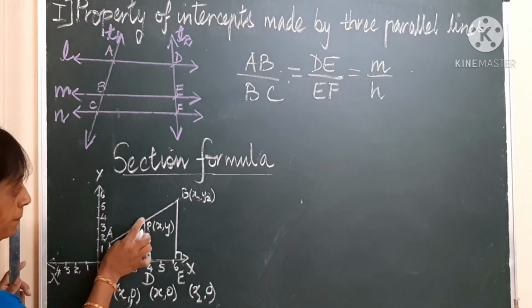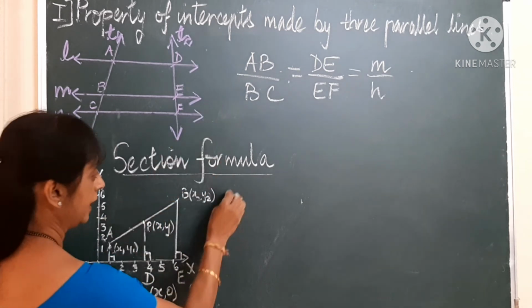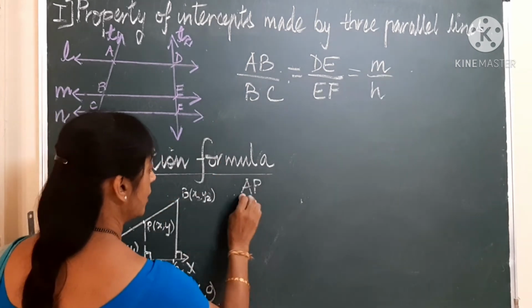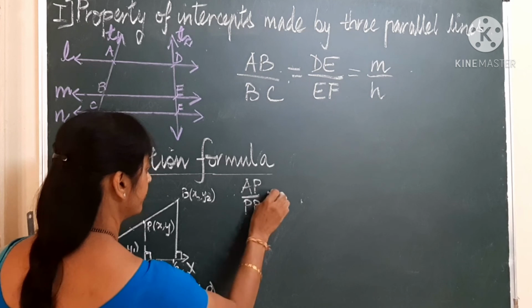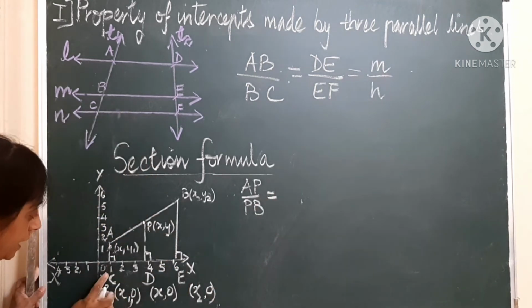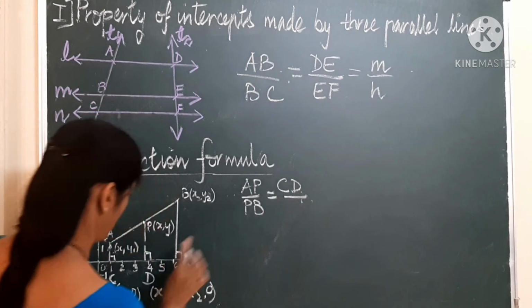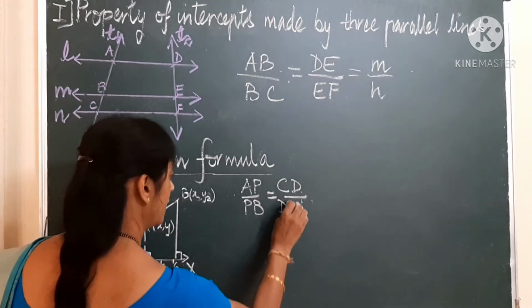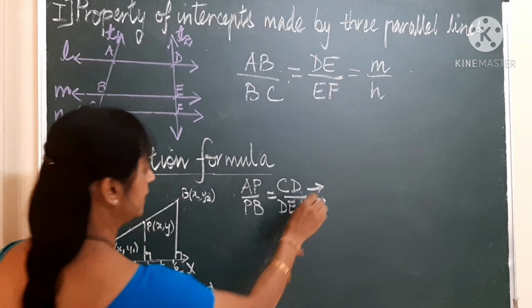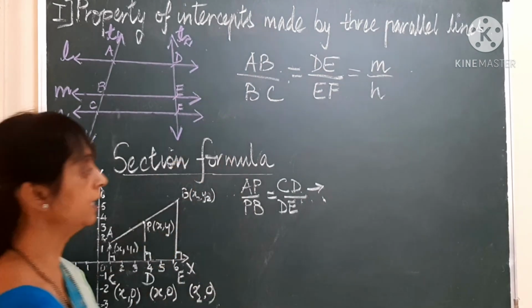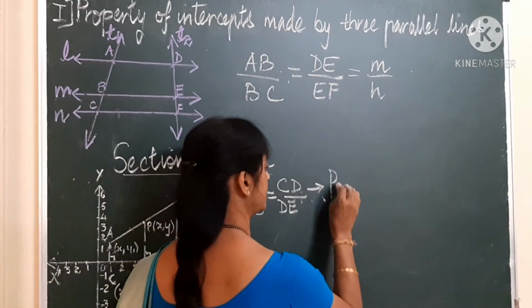That means AP upon PB will be equal to CD upon DE. How did we get this? By using the property of intercepts.